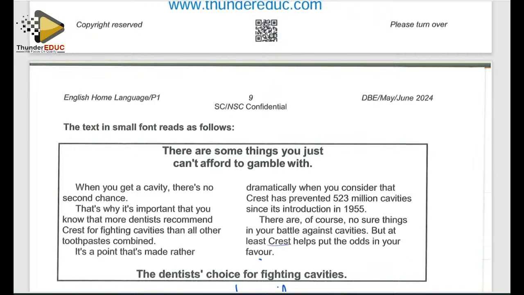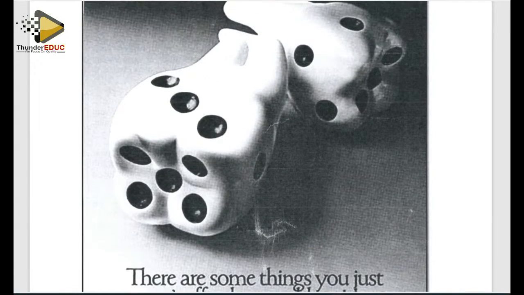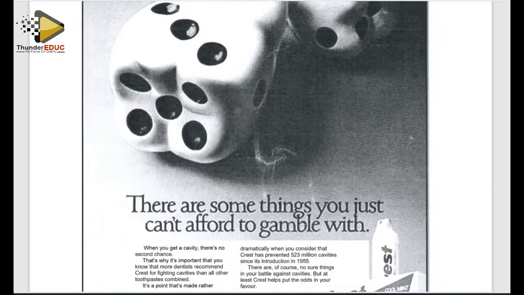We have to make a connection that we are connecting gamble with the visual that we are seeing. Describe the tooth. Describe what you are seeing in front of you first before you can make a connection to something in the title. Our connection was gamble. This is what we're connecting to when we're talking about looking as if it's a dice, yet it's a tooth. But now we are clear.